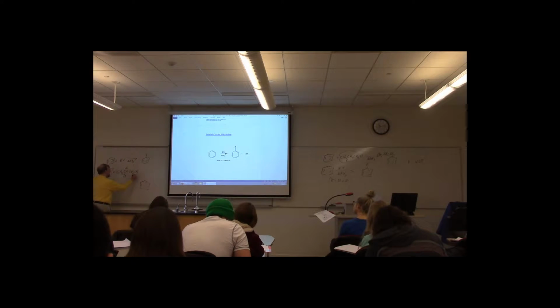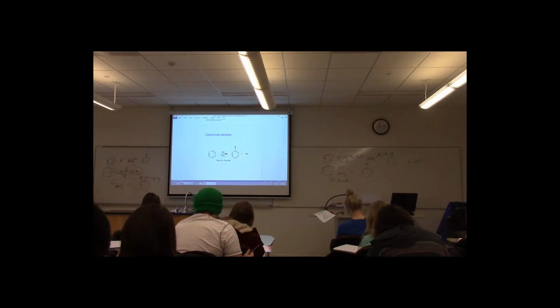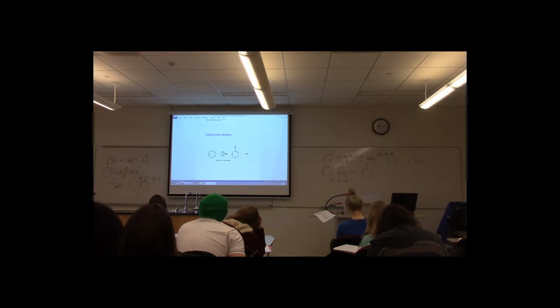What's my R group? 4 carbons. Do you break carbon-carbon single bonds? No. And which carbon has the halogen? The second one. And that's going to be the one bonded to the benzene ring. And you form this molecule. And that's how you do Friedel-Crafts alkylation.